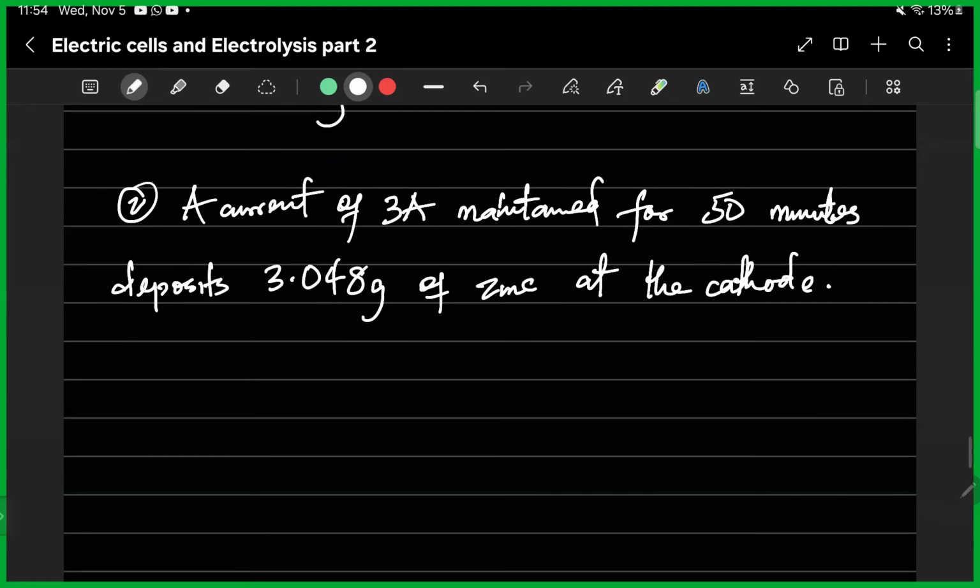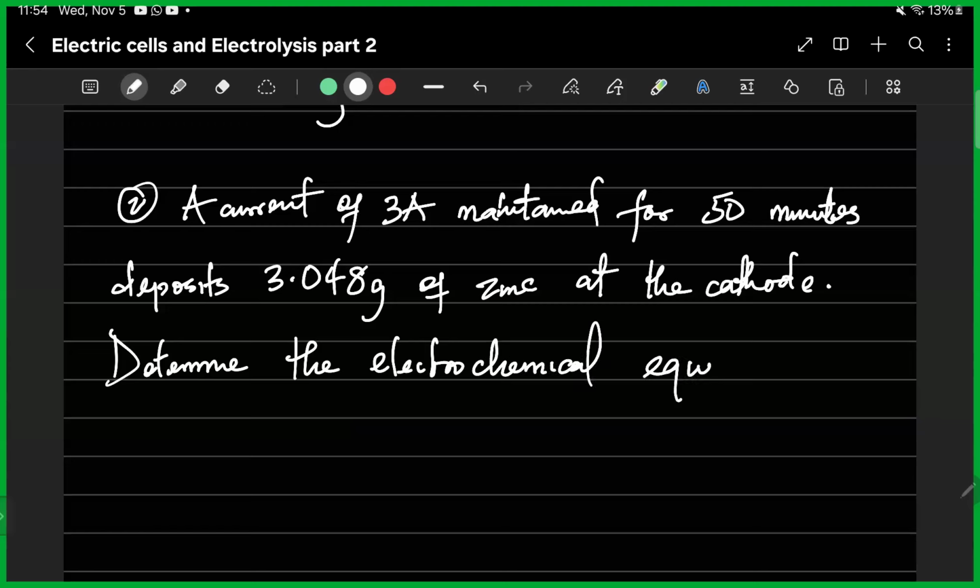We are asked to determine the electrochemical equivalent of zinc. I always told you that the best approach to a question in physics is to list out the parameters given.